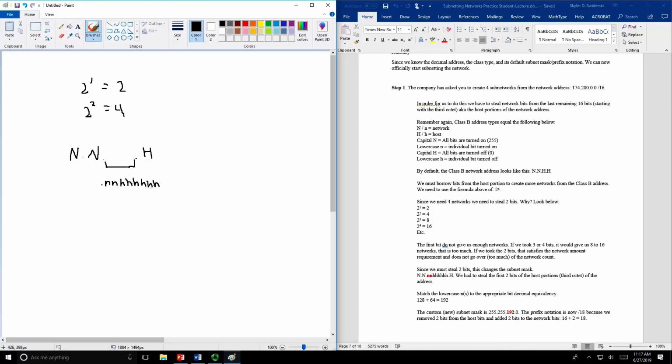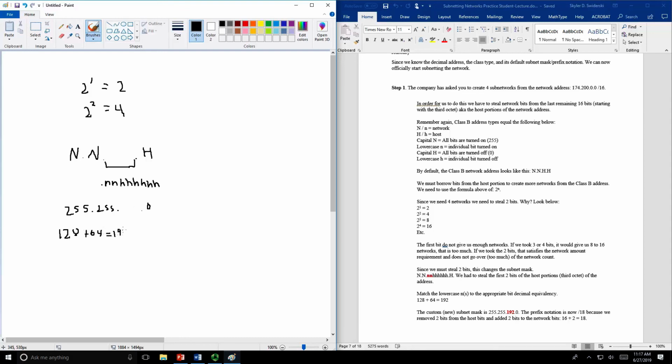Now we know how many bits we need to steal, but we need to know what the decimal equivalent is. What is the subnet mask? Well, again, we just add up the bits. Right now we know the first 2 octets are going to be 255.255, and the last one is going to be .0. But since we took 2 bits, remember 128 plus 64 is 192.